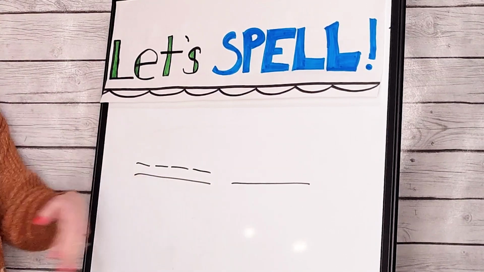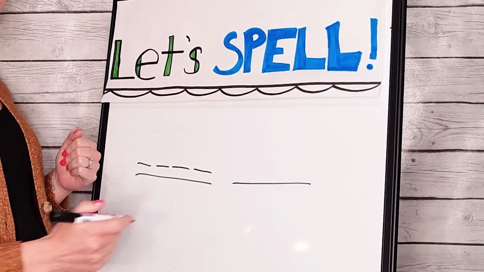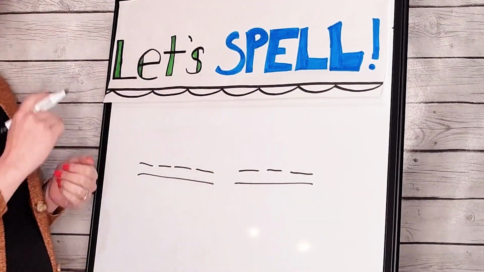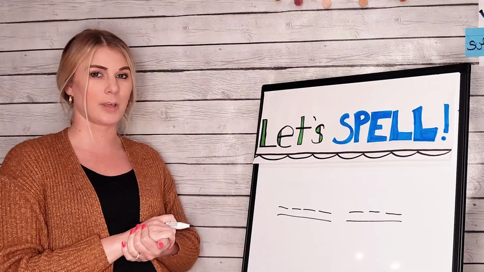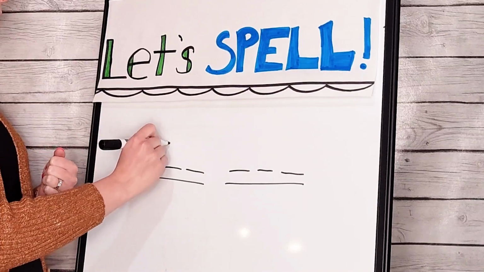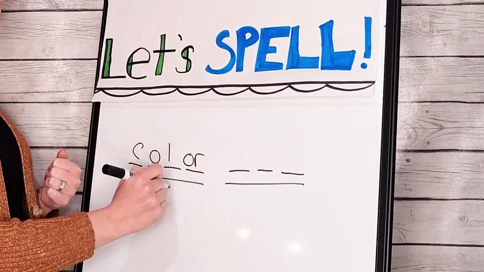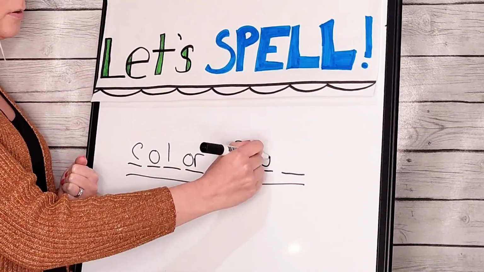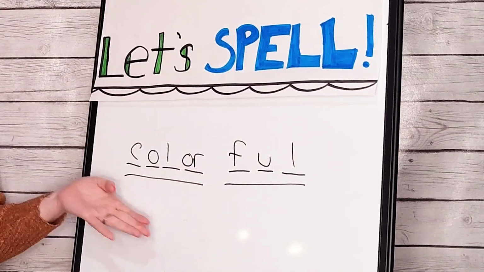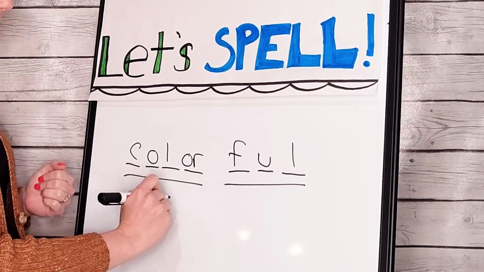When I say the second part, full, I hear the sounds f, o. Now, I'm going to think about the letters that represent each of those sounds. I'm going to put each of these word parts together to build the word colorful.